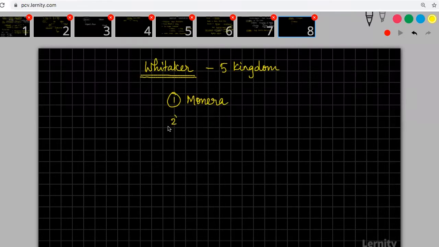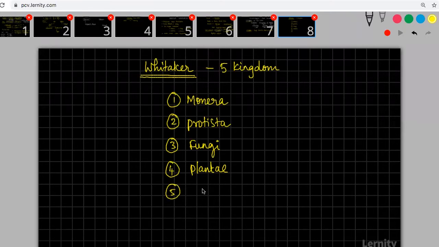The second one is Protista. The third one is fungi. The fourth one is Plantae. And the fifth one is what we call Animalia.